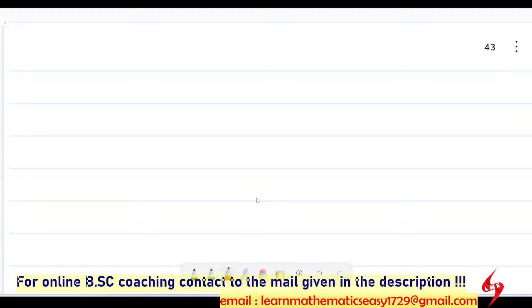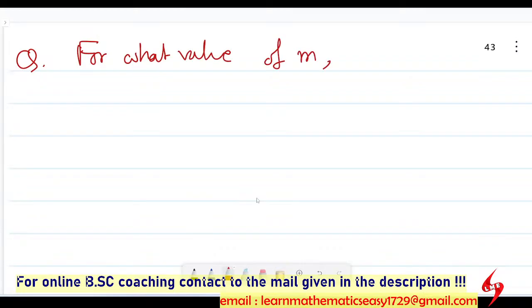Okay, my next question is, for what value of m does this happen? 9 to the power m divided by 3 to the minus 2 equals 9 to the power 4.